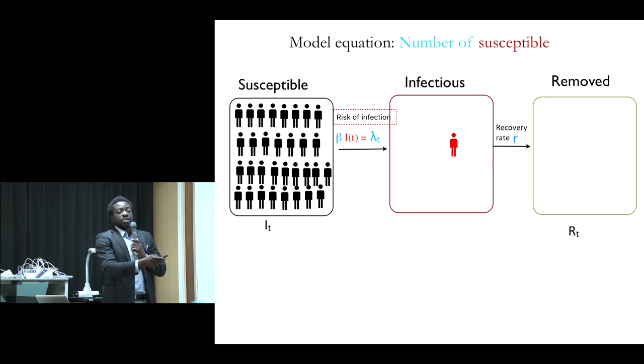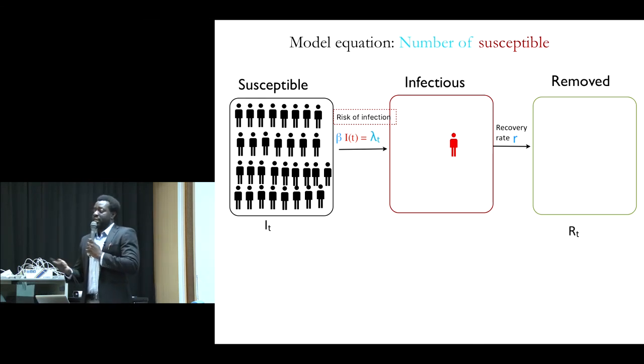It is the transmission probability times the number of people who are infectious. Simply, in this classroom, if no one has influenza, the risk of infection here is 0 because no one has influenza.